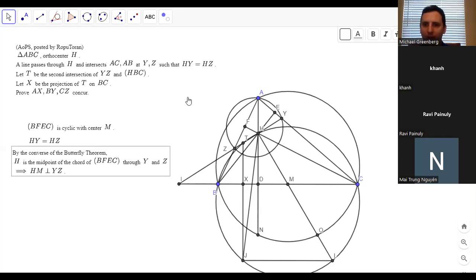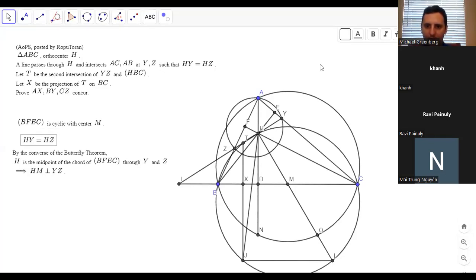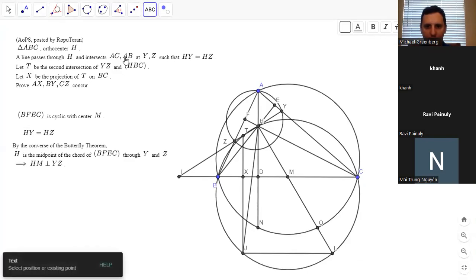Oh, does that prove that those are harmonic? Okay, that one's super fast. So I'm just going to write that one. THMX is cyclic. We have IX times IM is IB times IC, which is IT times IH. Yeah, that's really fast.